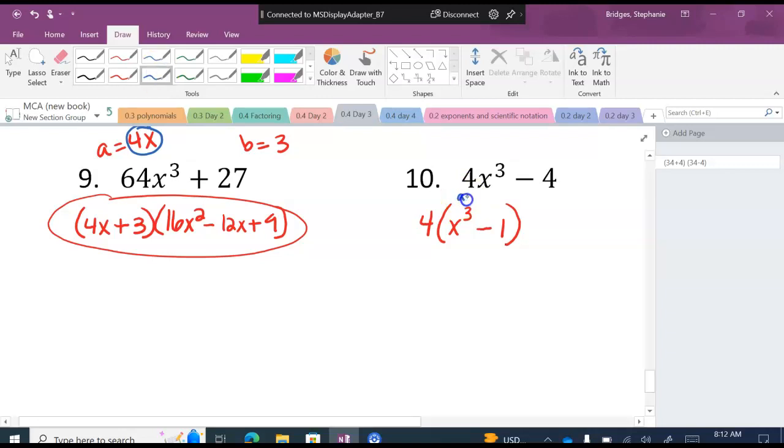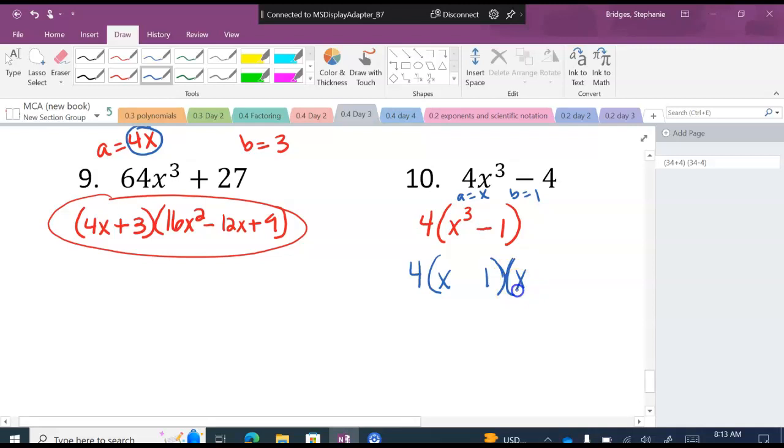So our a term would be whatever the cube root of x to the third is, which is x. Our b is going to be the cube root of 1. What's the cube root of 1? 1. We're going to do our pattern. The only difference here is that 4 is going to stay in the front. My first parenthesis is my a and my b.